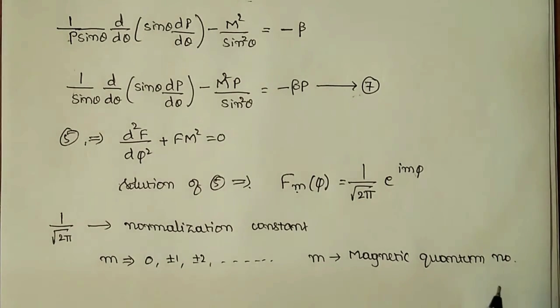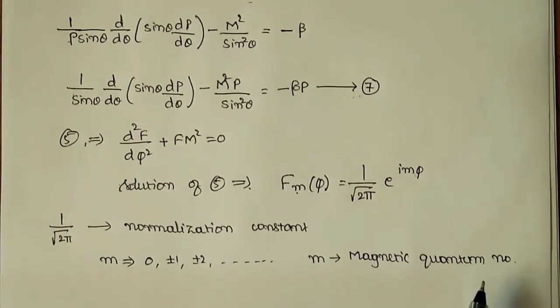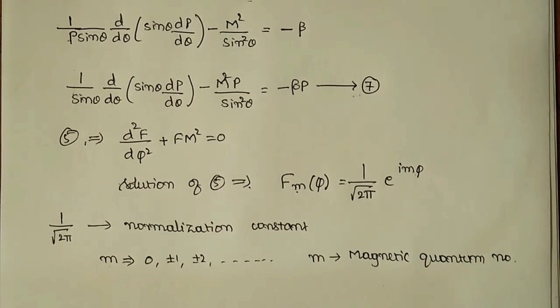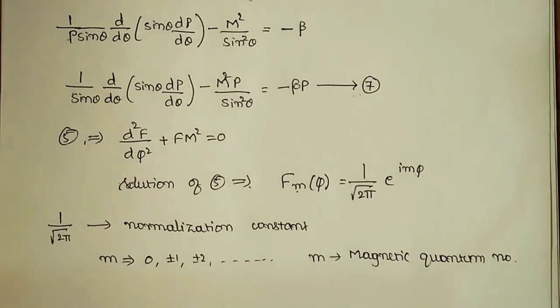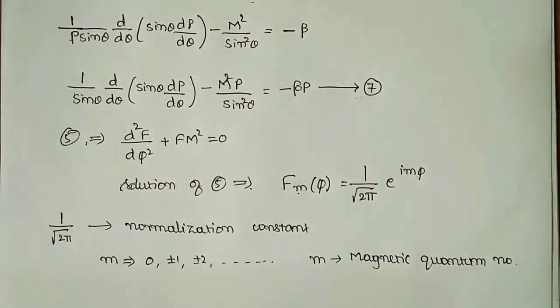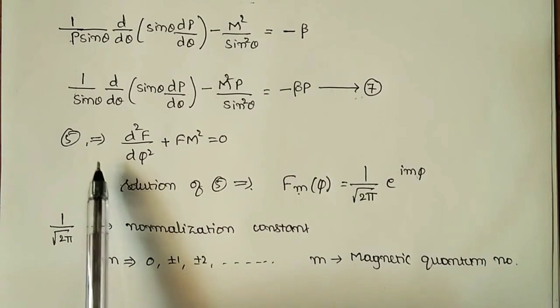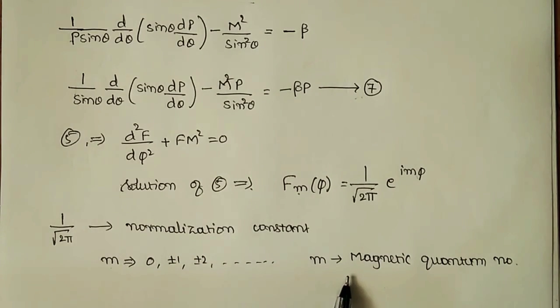We know the name magnetic quantum number is given because in presence of an external magnetic field, the states of the electron will have different values for different values of m. Hope you observed, we got one quantum number for analyzing the properties of the electron present in an atom, just for solving equation 5, that is m.